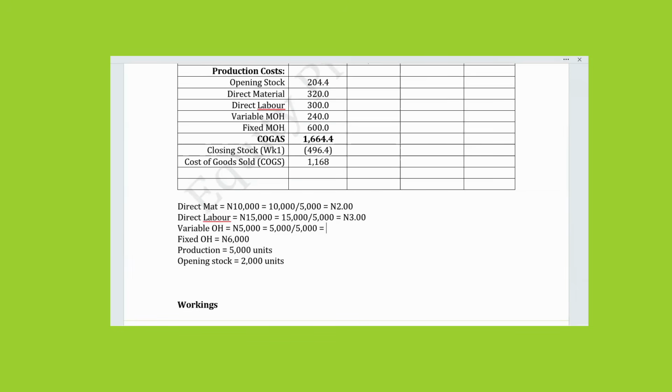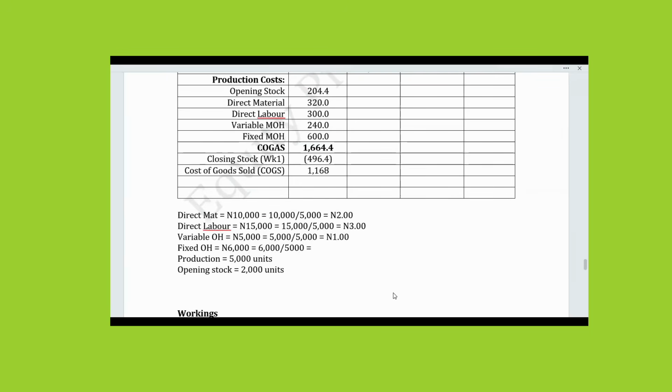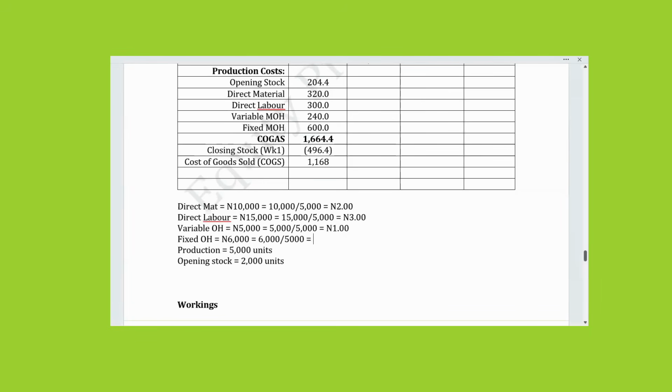So this will give us 1 naira. I'll do the same thing for fixed production overhead. Here it is 6,000 divided by 5,000. Let me check my calculator. 1.2. This will give us 1 naira 20 kobo.